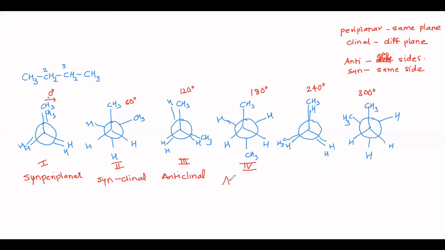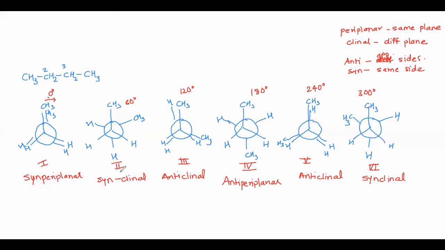So this is anti, and this is periplanar because their two planes are coinciding. Then we have the fifth structure, which is also anticlinal. If you see the third and the fifth structure, they are going to experience the same kind of repulsion. And the last one, the sixth, is similar to the second structure, which is your synclinal structure.